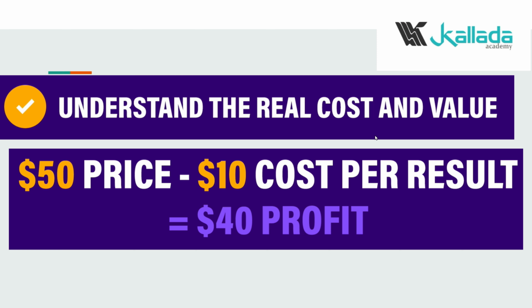For example, if my sales price is $50 and my cost per sale has come down to $10, then the profitability comes to $40. The cost per result will go up with any additional promotional hack or setup price that you might have added. But to keep it a simpler scenario, we have boiled it down to a $40 profit.